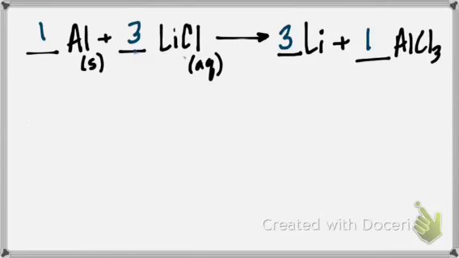Lithium's number 3, symbol is in black, so that means it's a solid. And then again, aluminum chloride, it's a compound. For right now, we're going to use aqueous. Okay? Questions on where I got those? Not so bad.